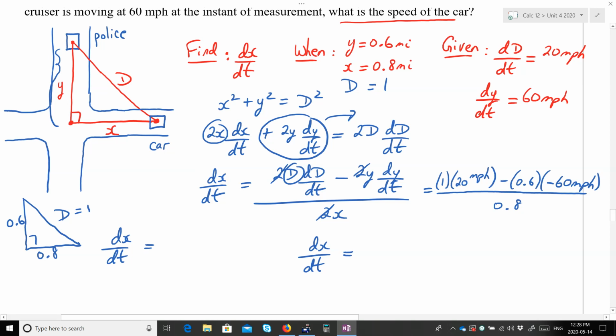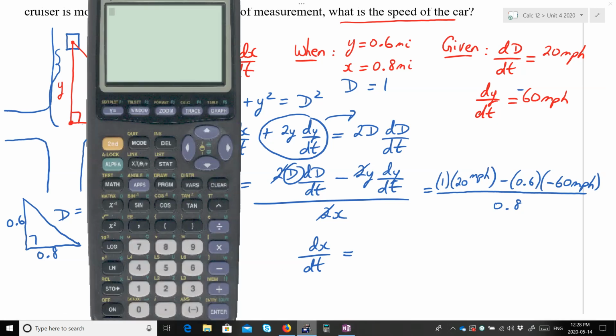So that's a small little thing that has big implications. And the change in x with respect to time is positive because that x distance is increasing.